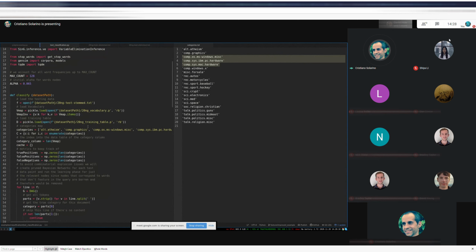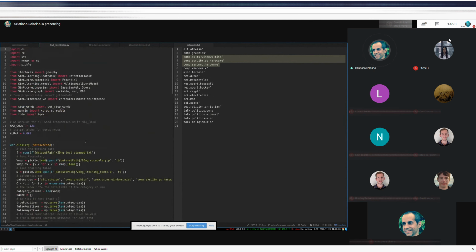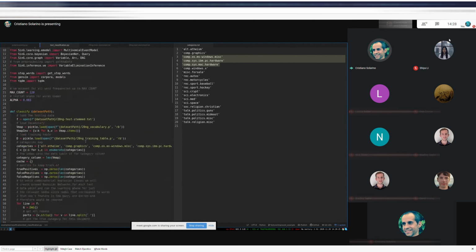Let's split this data set into one for training and one for testing to see how we're doing. The idea is we know from the data set that we have 20 topics, and we use these documents from the training set to see how the LDA divides this corpus into 20 topics.